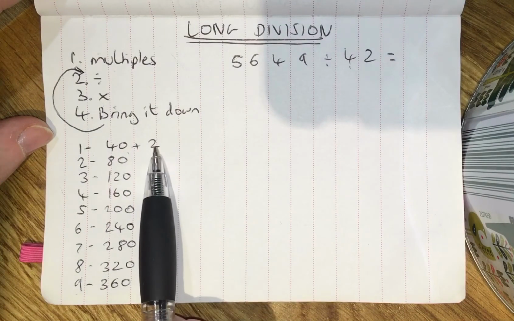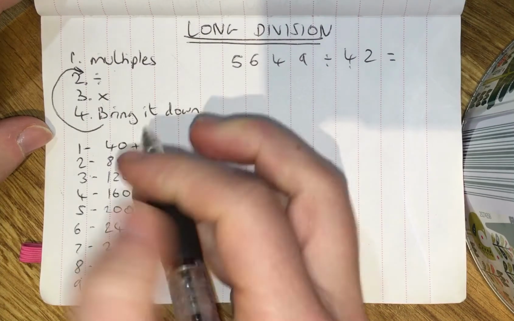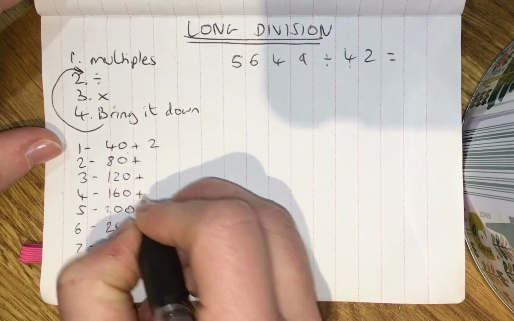Then we do the same again for the 2, so 2 times 2, 2 times 3, and we put our add sign between them as well.